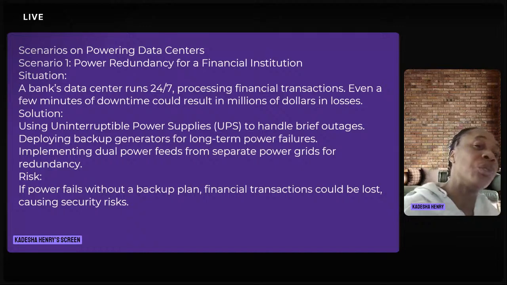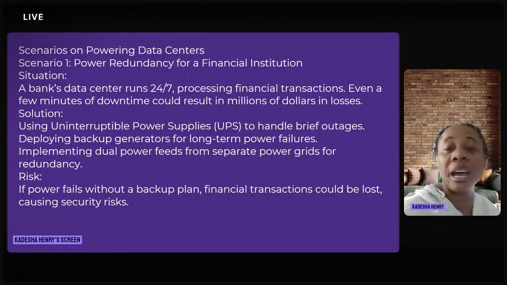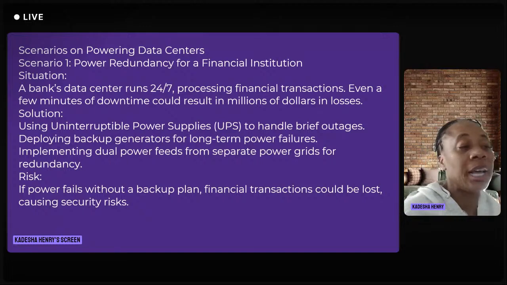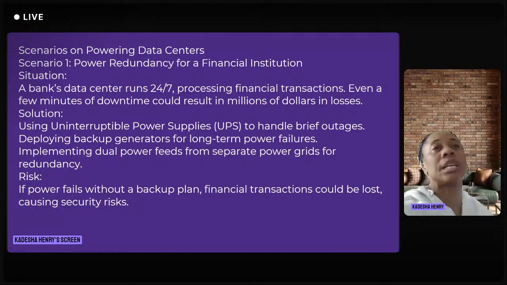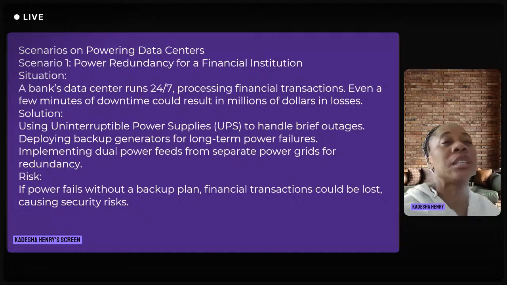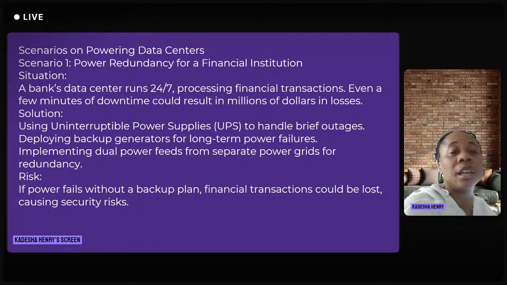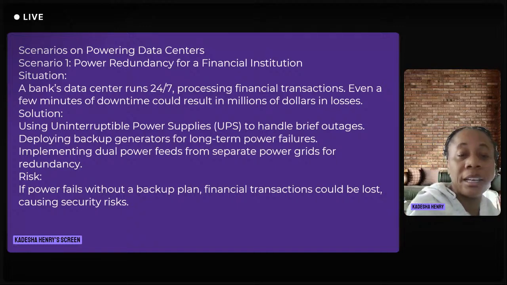Because when you're doing all of these and there is any interruption, it does cost the company. The company may not come out and say what their losses are, but internally they know what they lost because they don't have the power backup or the backup system.